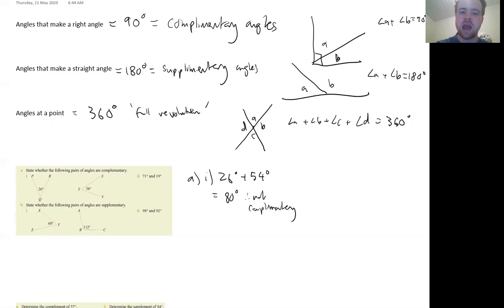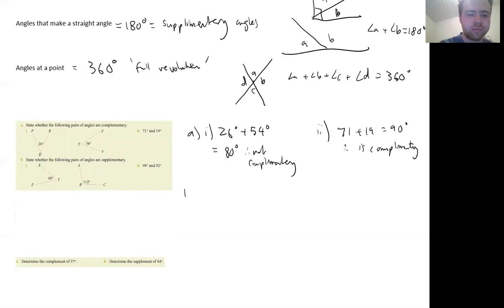It adds to 80, not 90, so it's not a complementary angle. For part 2, 71 plus 19 equals 90, so therefore is complementary.